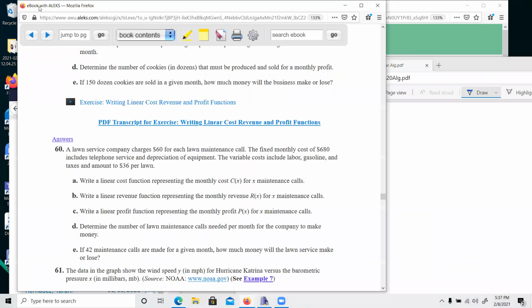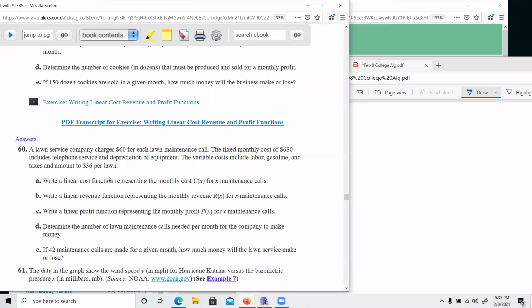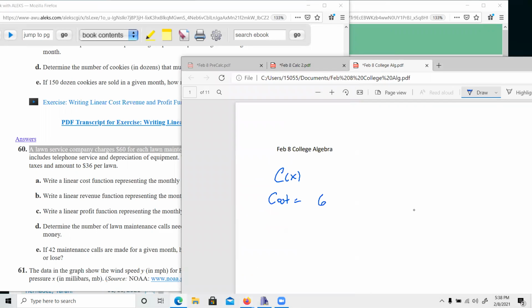We have $60 for each maintenance call. We're just looking at the costs here. I think the $60 is going to be our revenue, looking at it from the point of view of the lawn company. So our fixed cost is $680.